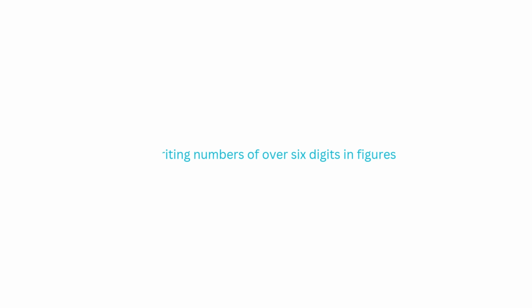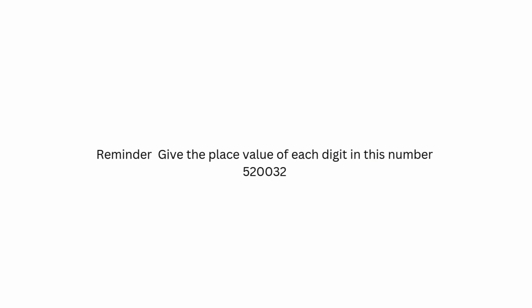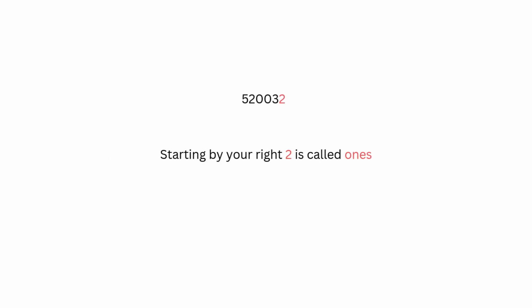We give the place value of each number, reminding ourselves that we start from our right. 5 is on our left, and 2 is the first number starting from our right side. The first number from our right side is the one we call ones.